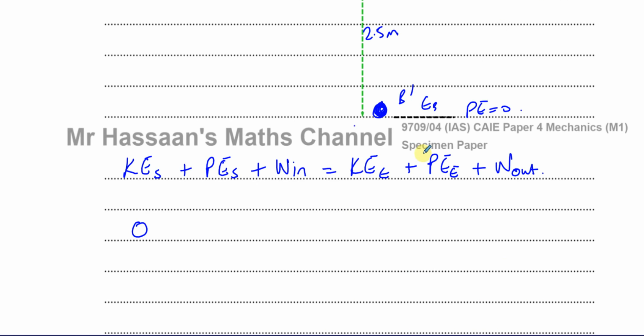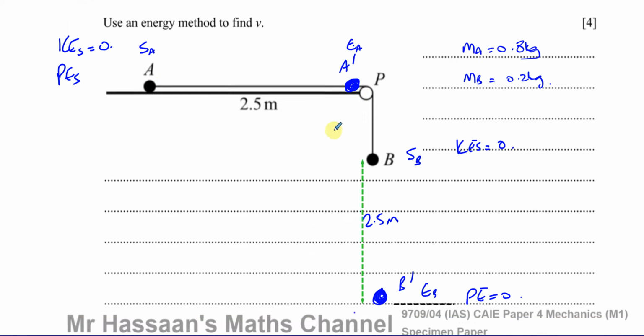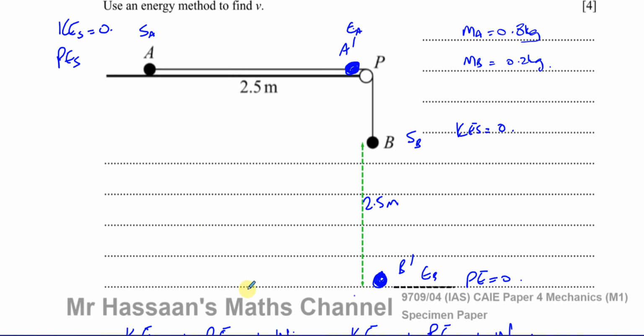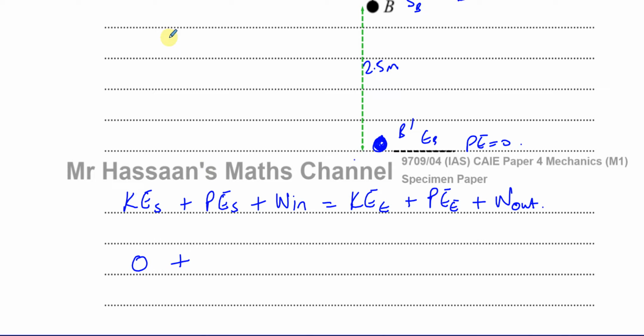They're both 0, so that part's 0. Now the potential energy at the start for A. I'm considering A along this line over here, and its potential energy won't be any different from this point to that point. So the potential energy of A, I can call it 0.